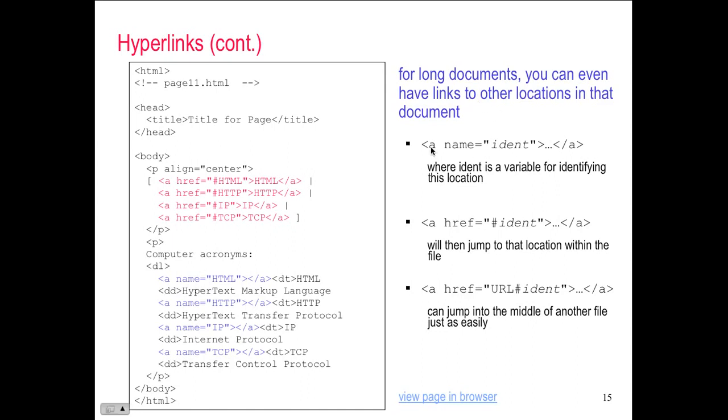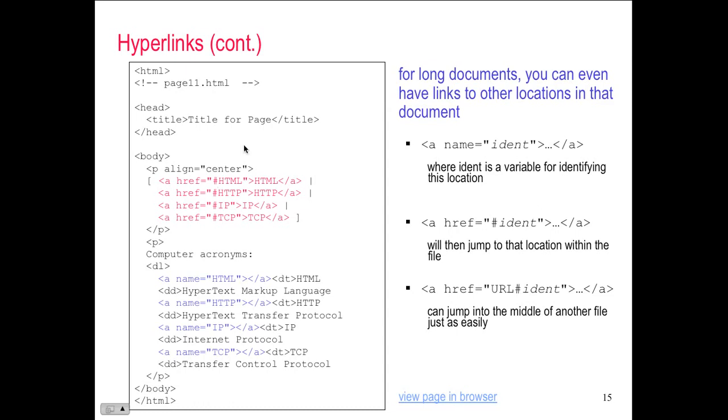So you create here an A name equal to indent, where indent is a variable for identifying this particular location. Down here we have A name equal to HTML, name equal to HTTP, name equal to IP, name equal to TCP, as an example, which are basic anchor points in the definitional list.